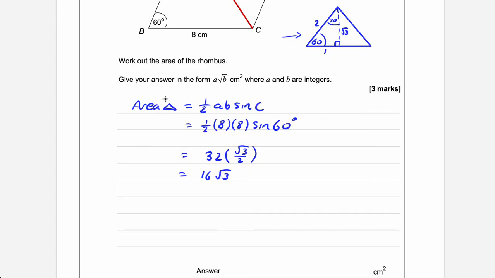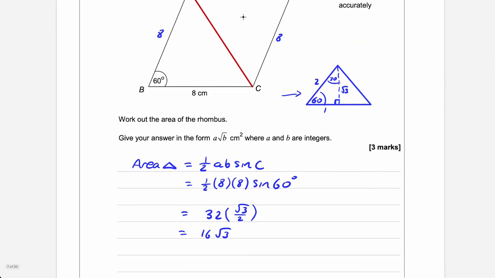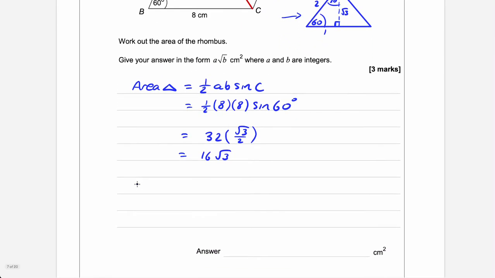But that's the area of the triangle. The rhombus has 2 triangles. So I'll just write area of rhombus, guys. Area of rhombus is equal to 2 times 16 root 3, which is 32 root 3.